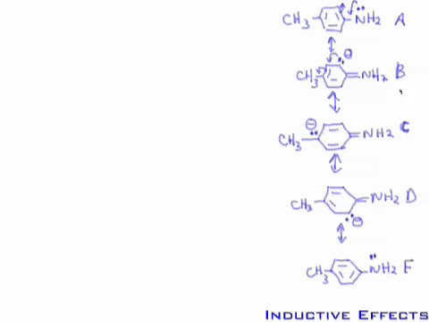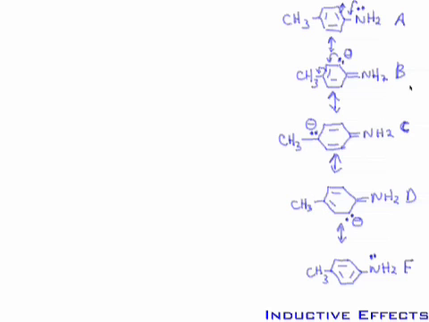Furthermore, structures B and D, which put negative charges on the ring, will be somewhat destabilized by the inductive electron donation of the methyl. That is, structures B and D will make greater contribution when there is no methyl there, as in the case of aniline.